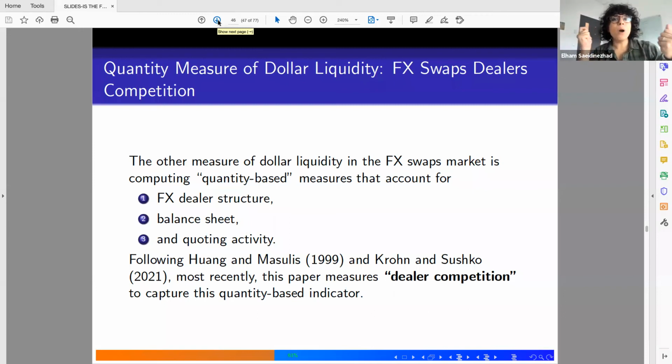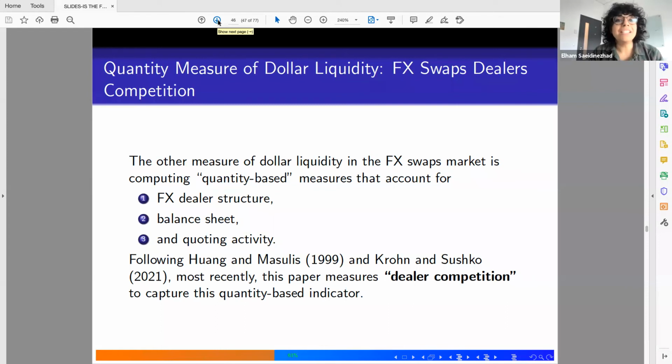Because one of the changes in the market structure was that the prime brokerage firms are actually entering the market. So in a sense, that's also an increase in competition, but this competition is not what is counted in this measure, because the rise of prime brokerage firms is actually going to deteriorate market liquidity in the FX swap market and funding liquidity in the US dollar market.